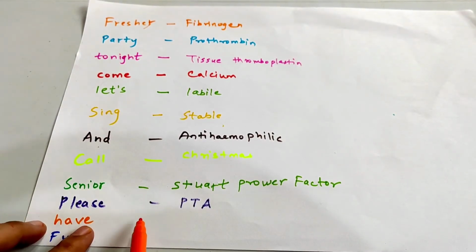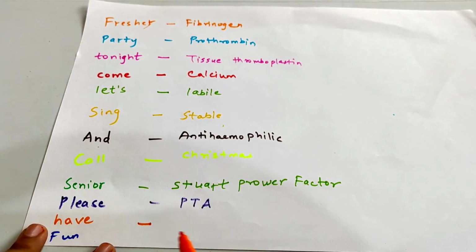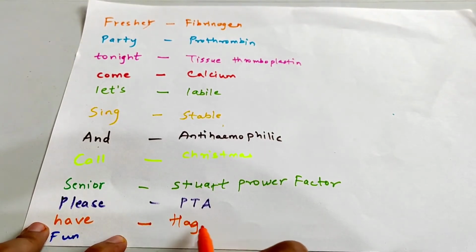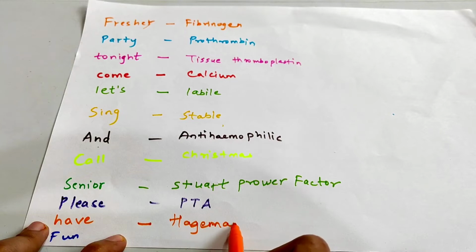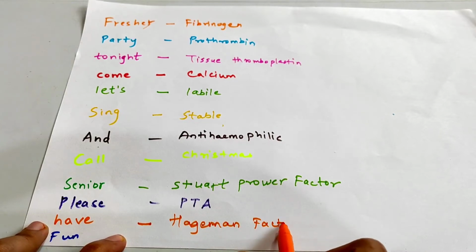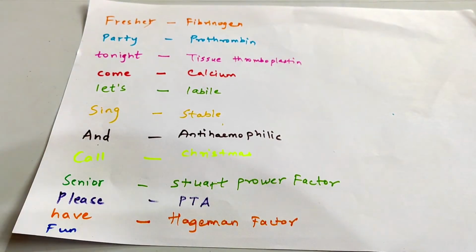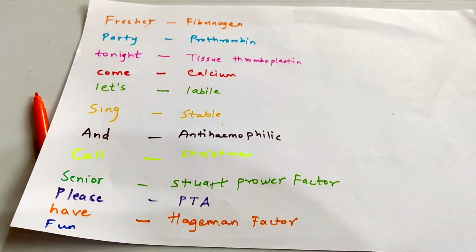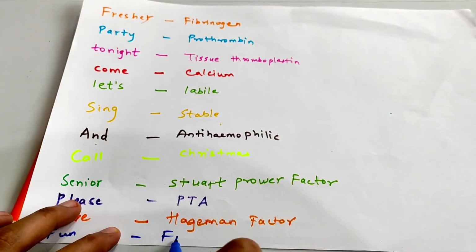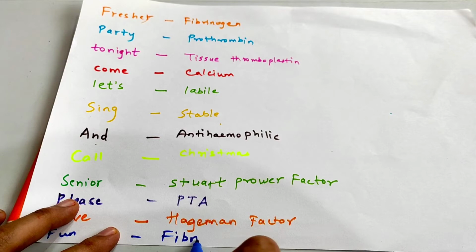have H for Hageman factor, and fun F, the last one, is fibrin stabilizing factor.